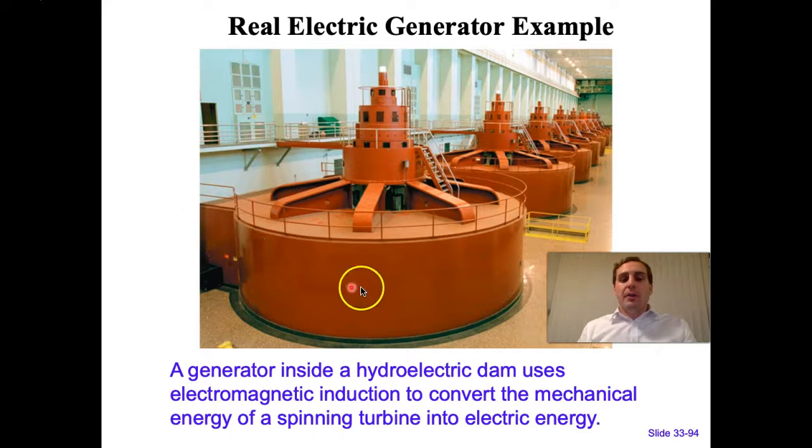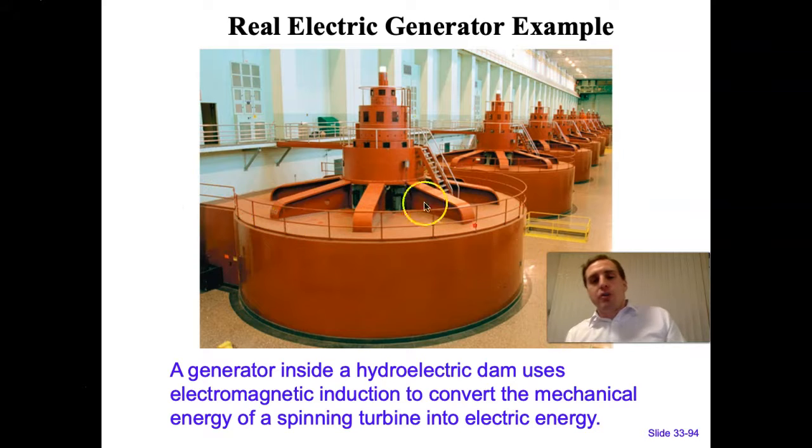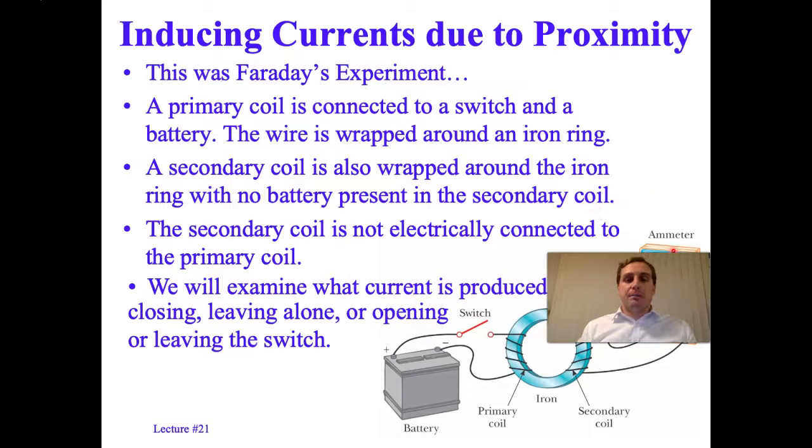If water is coming in here, you can imagine there's a very large turbine inside where the water spins it. I'm sure there's some sort of loop and some sort of magnet, and we produce electric energy. By the way, we have dozens and dozens of these generators, so we're producing a lot of electricity at our electric power plant.